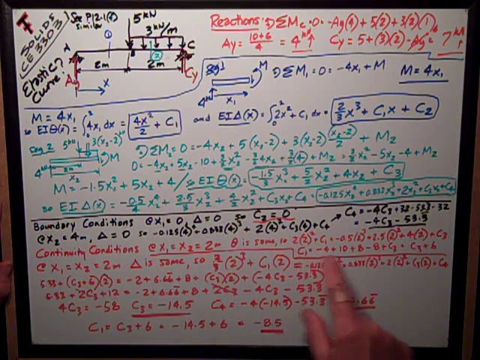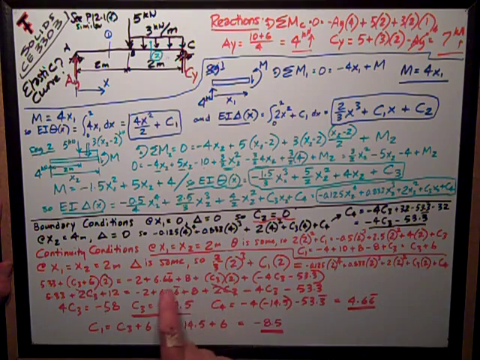Right here, C1 is equal to C3 plus 6, so I can plug all that into this big long equation, combine all the terms, and I can get down to 4C3 is equal to negative 58. So C3 is equal to negative 14.5. Then I go back into those two equations, and I can solve for C4 and C1.